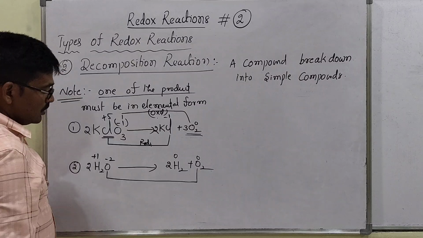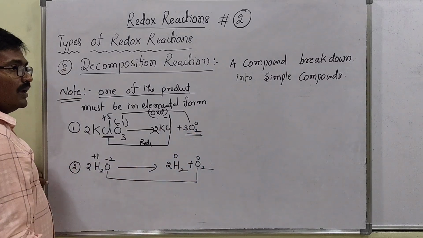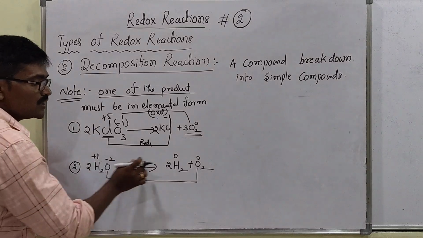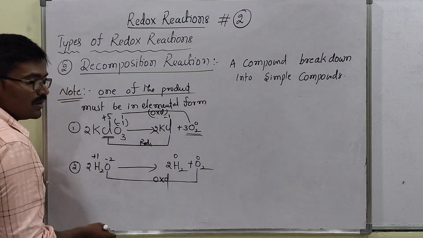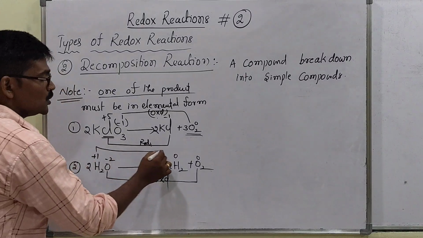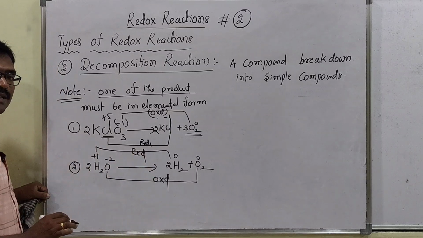So one compound has decomposed into 2 compounds. Minus 2 to 0, oxidation number increases, so oxidation. Plus 1 to 0, it decreases, reduction. Both oxidation and reduction take place.